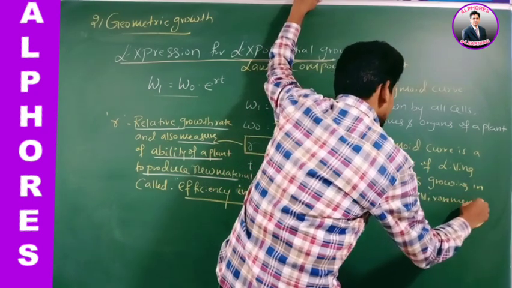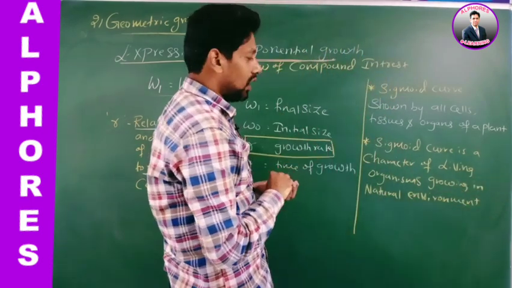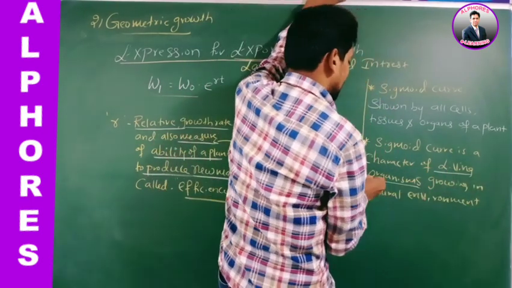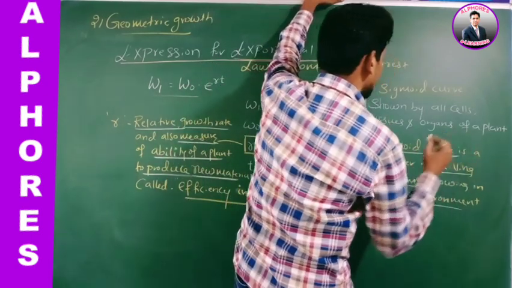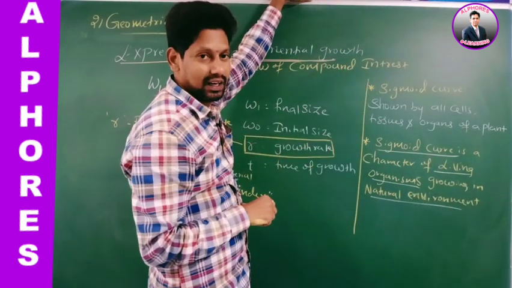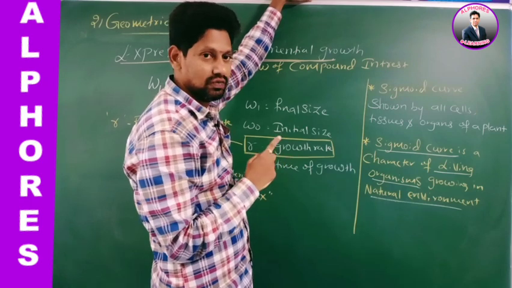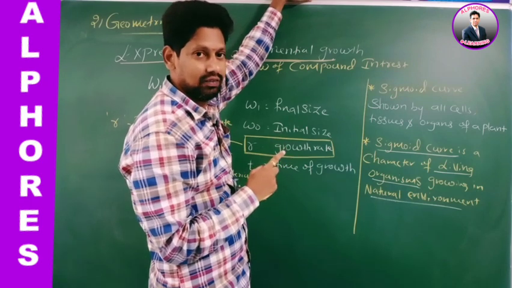It means living organisms that are naturally growing in an environment show the sigmoid curve. Is it okay?